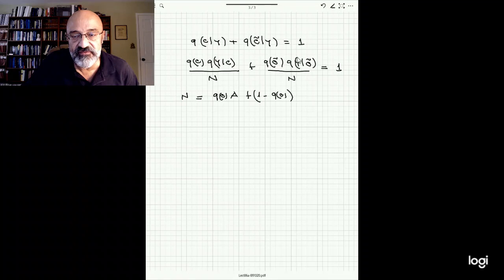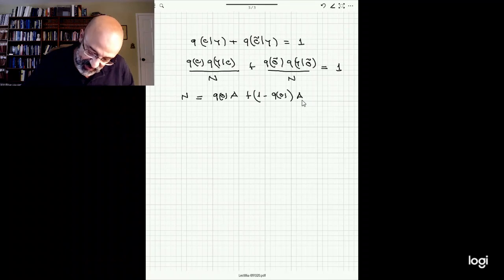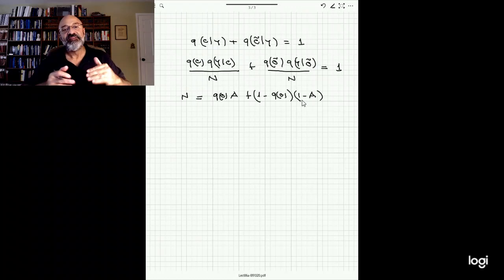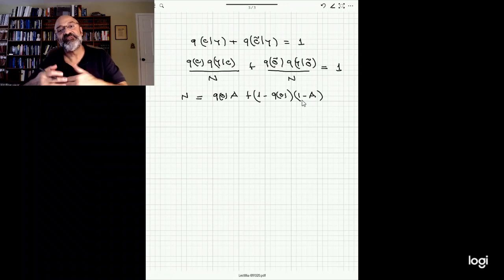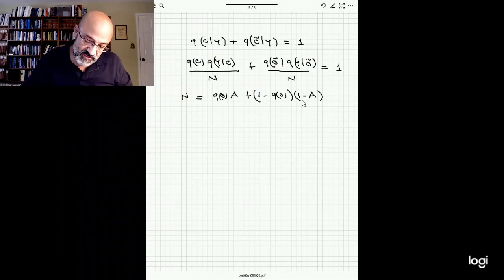So this is the probability of false positives, right? So let us assume, for the sake of argument, that the probability of true positives is A. The probability of false positives is 1 minus A. In other words, the probability of true positive is A, the probability of false negatives is 1 minus A. So here we go. N is given by this expression.